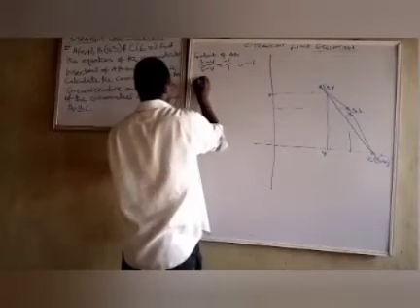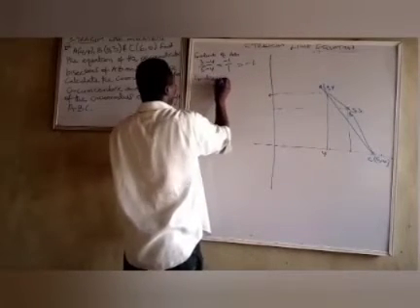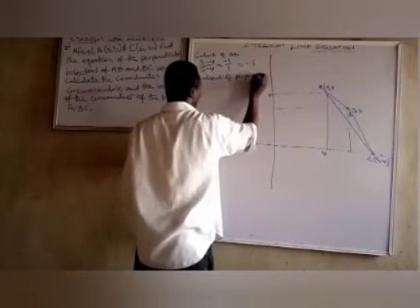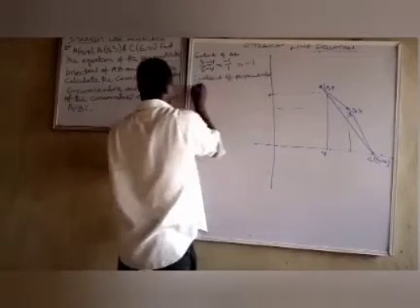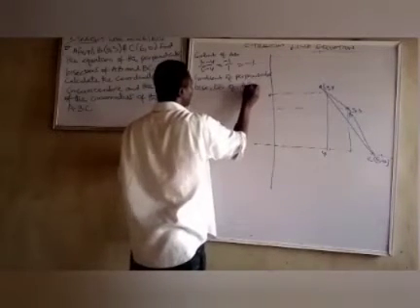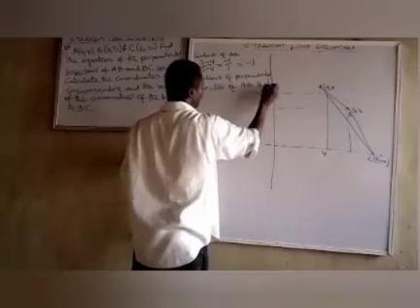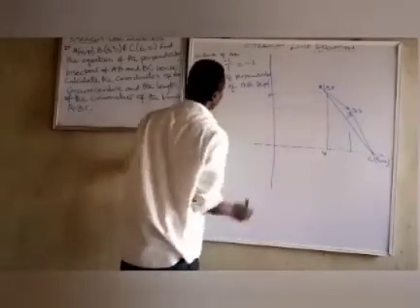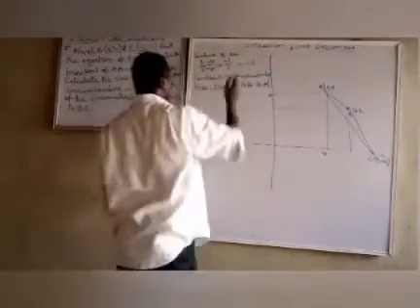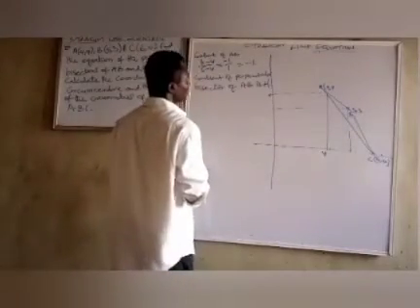So the gradient of the perpendicular bisector of AB is plus 1. Sorry, it's going to be plus 1. That is minus 1 over minus 1.